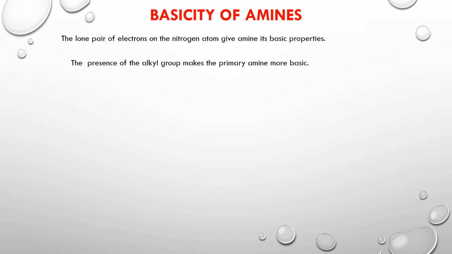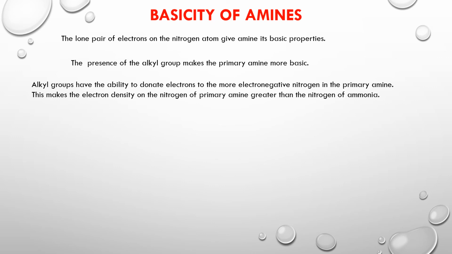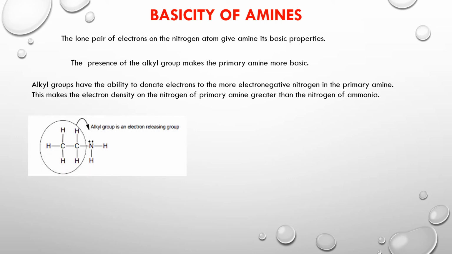Now the presence of the alkyl group in the amine is going to make the amine more basic, which means that primary amines are least basic compared to secondary, which are less basic compared to tertiary. The reason why the amines are more basic is that the presence of the alkyl group on the amine is going to provide electrons to the nitrogen.